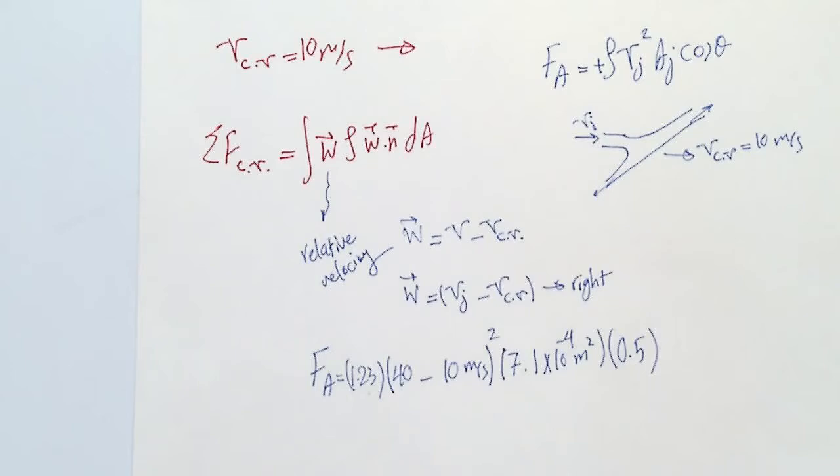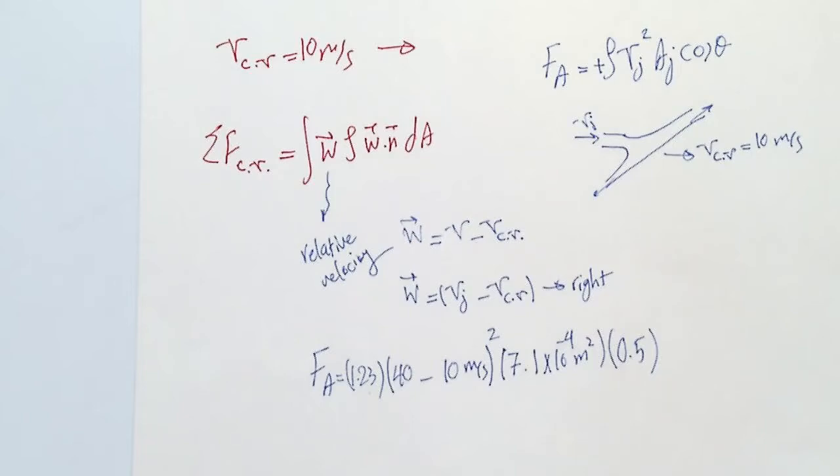So the Fa that you required for keeping the plate at constant speed, or stationary, is going to be different from the force that is required to let the plate and all the control volume move with a constant velocity. And also it would be different if the plate also has an acceleration. That would be totally different.